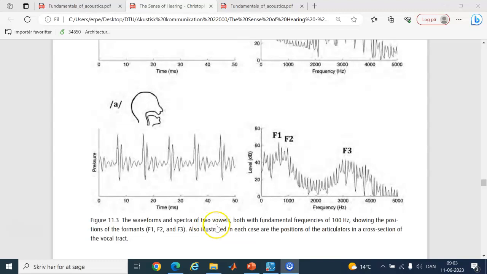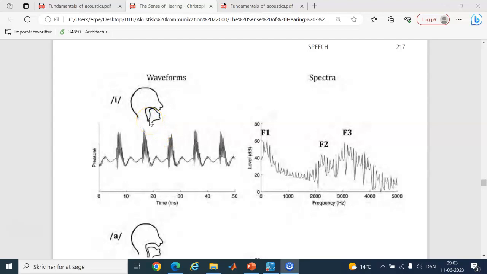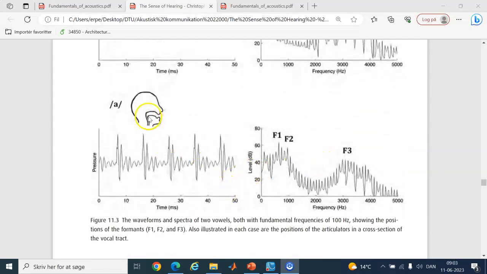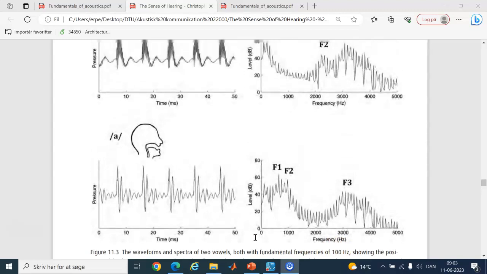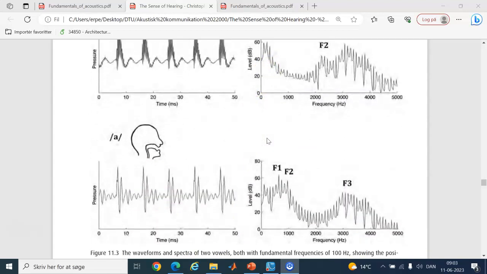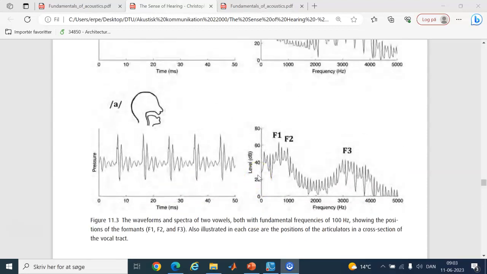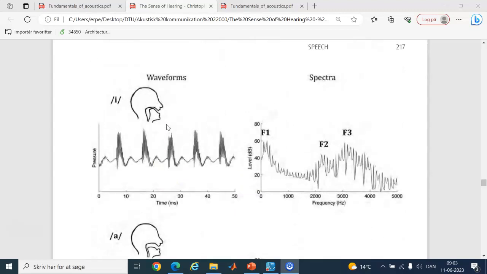The waveforms and spectra of two vowels, with E here and A here, both with fundamental frequencies at 100 Hz, and showing the positions of the formants F1, F2, F3. Also illustrated in each case are the positions of the articulators in a cross-section of the vocal tract. A and E.